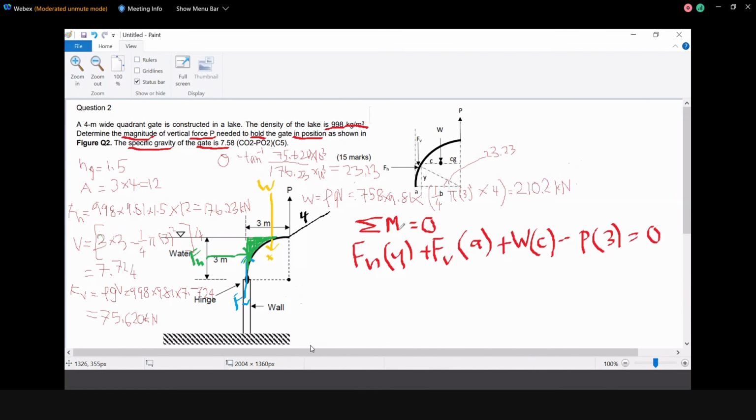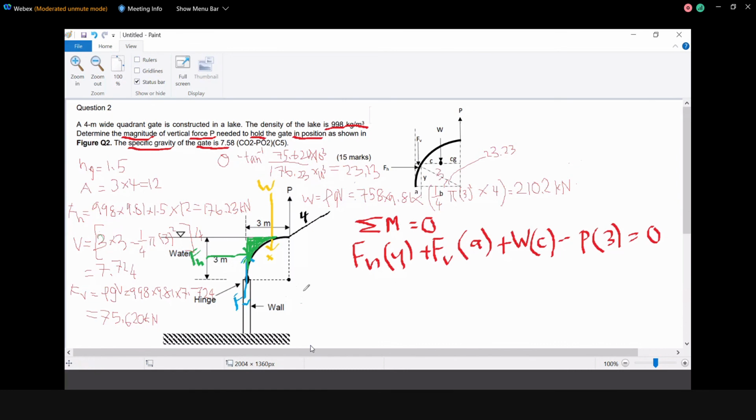So let's see on the Y. Okay, so kita dah tahu angle kat sini 23.2. So you can find the Y. We use sine. Sine 23.3. Kat sini 3 sebab dia radius.